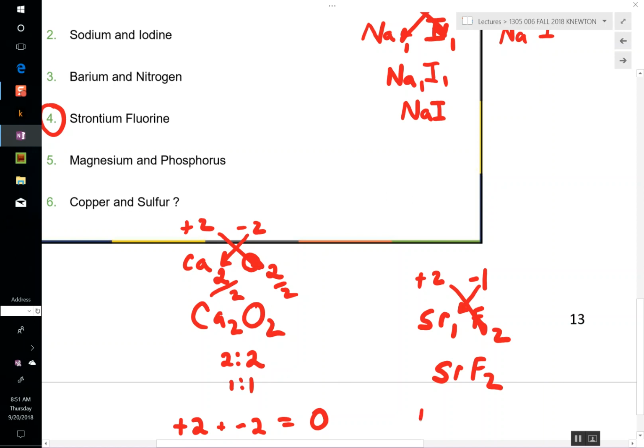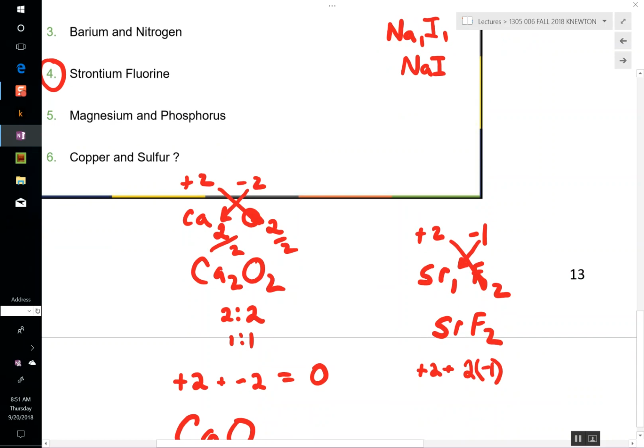And so if I have a plus 2 over here, plus 2 times a negative 1. I've got 2 of these, and they each have a negative 1 charge on them. 2 times negative 1, I got plus 2 minus 2 equals 0.